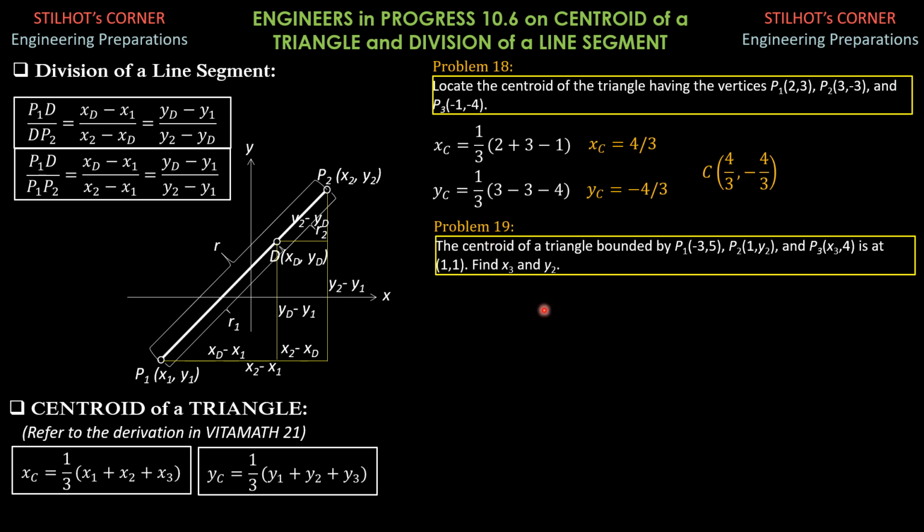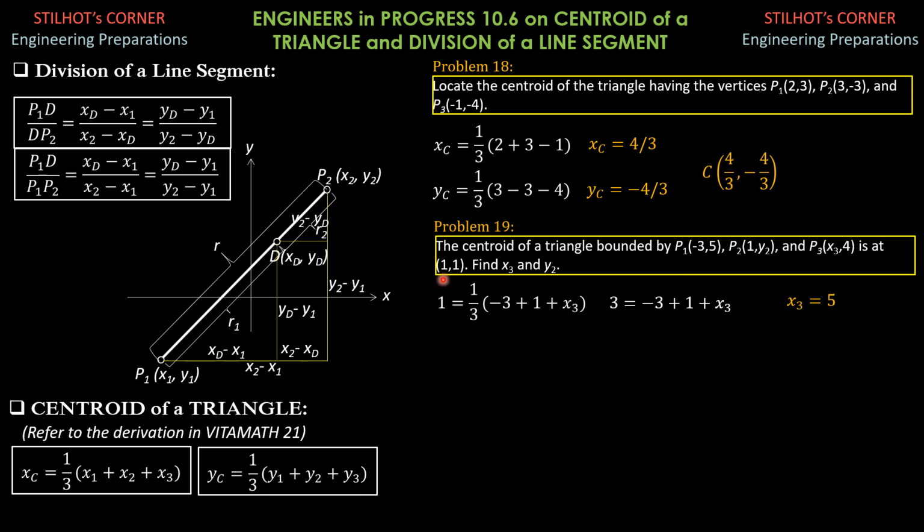Substituting, the x coordinate of the centroid is 1, so 1 is 1/3 of quantity negative 3 plus 1 plus x sub 3. Cross multiply, 3 equals negative 3 plus 1 plus x sub 3. So 3 plus 3 is 6, minus 1, 5. So x sub 3 is 5.